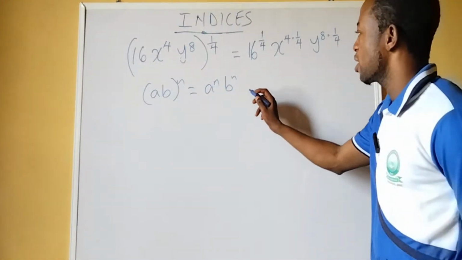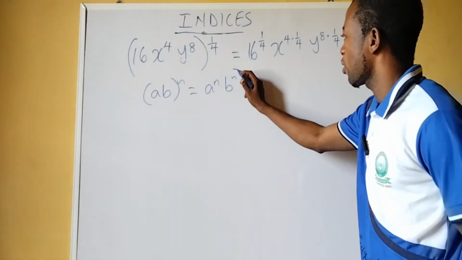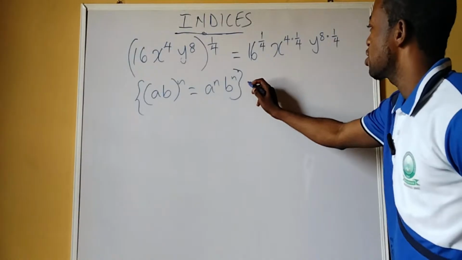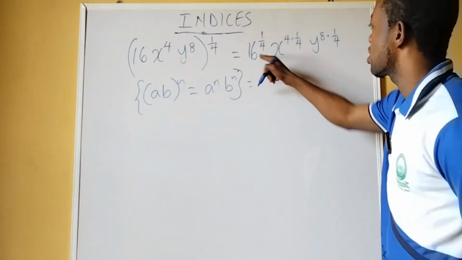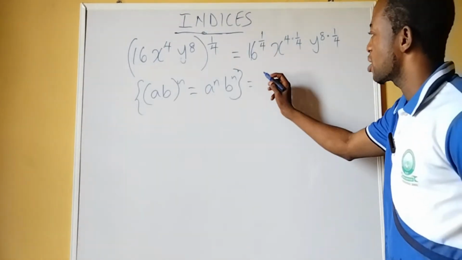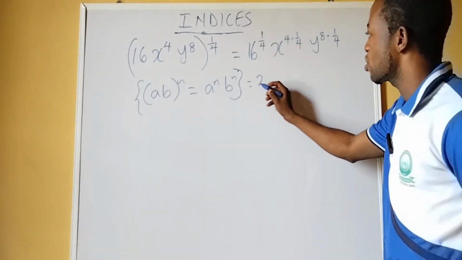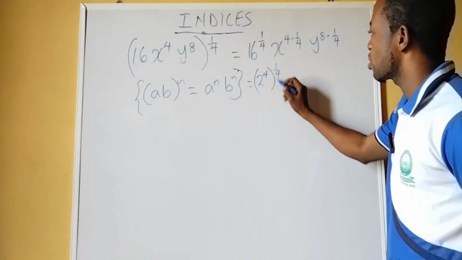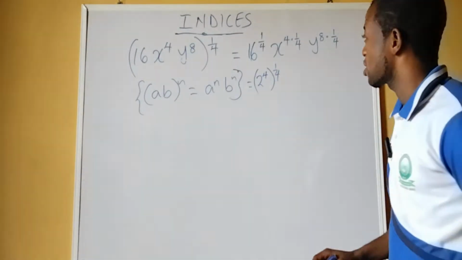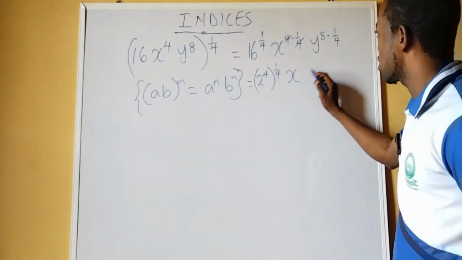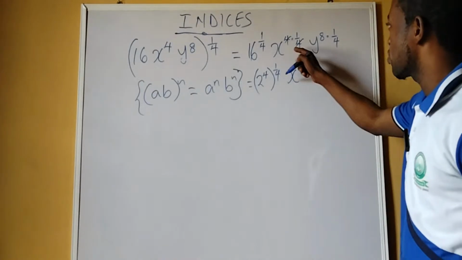And then next step here, we can say that this will now be equal to 16. Of course, this is the 4th root of 16, which is also 2 raised to power 4 raised to power 1/4, if you like. 2 raised to power 4 is 16. And here, this power cancels each other. We have x left, they multiply.